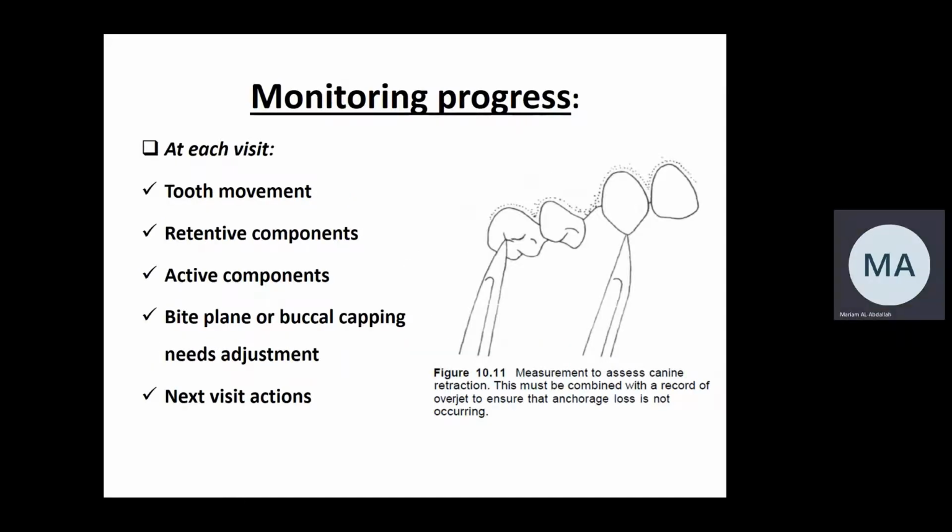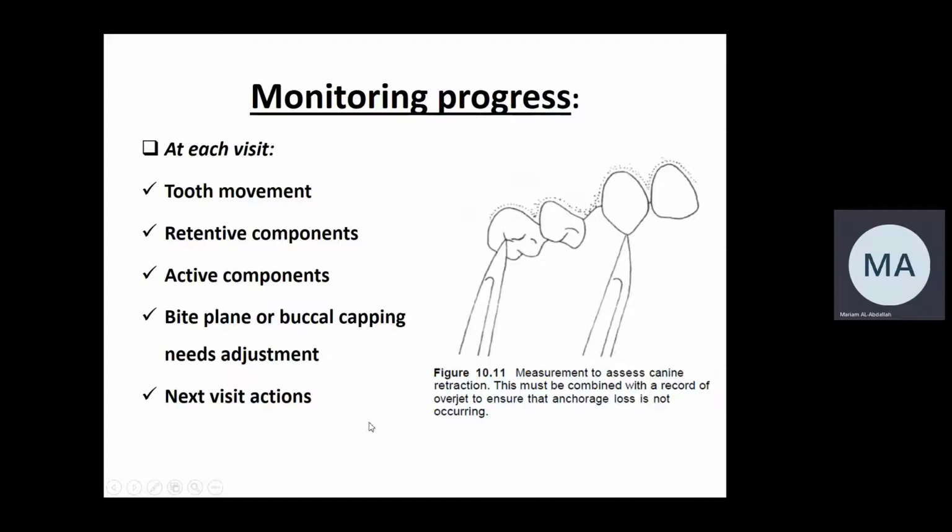I need, of course, to check tooth movement, and I can measure the distance from the tooth that I want to move to a tooth that is supposed to stay still, and I compare that with the baseline. For example, if I'm trying to distalize the canine, then this distance here should get smaller every visit.